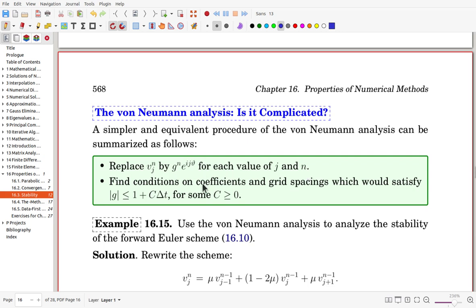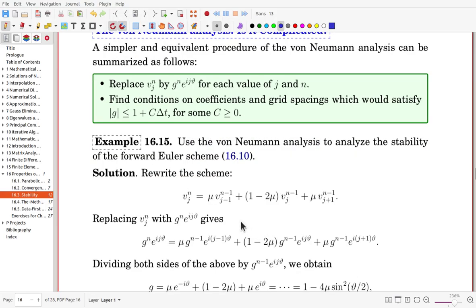Now find the condition on the coefficient and grid spacing which is satisfied, such that the magnitude of g is bounded by 1 plus c delta t. That's it. Now we'll do it one more time using this technique, the von Neumann analysis, for the Forward-Euler method.